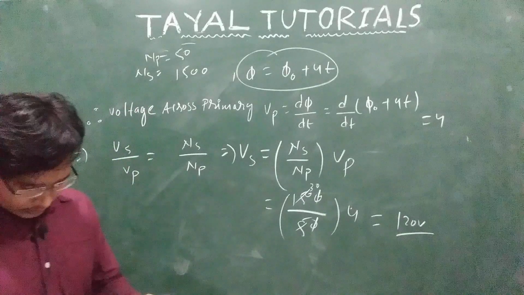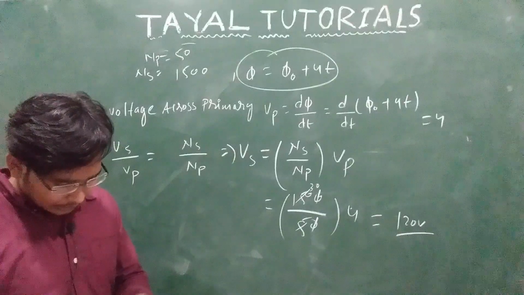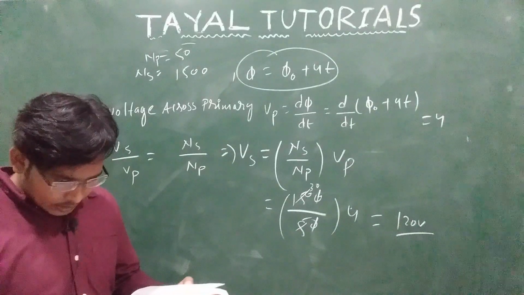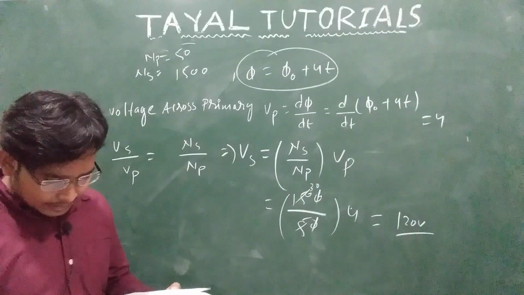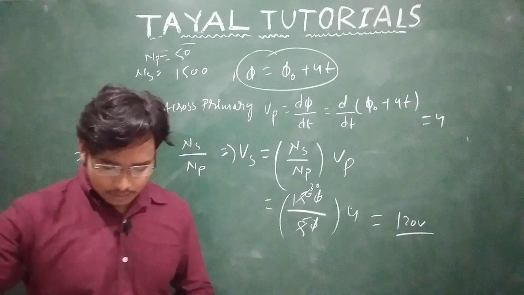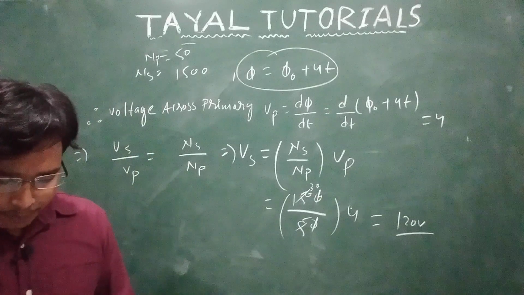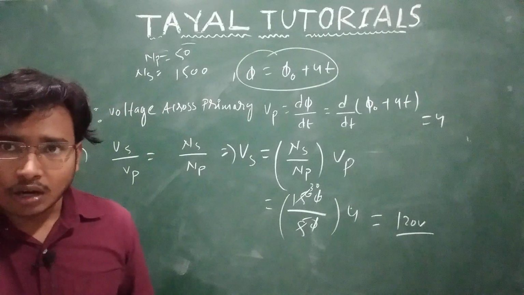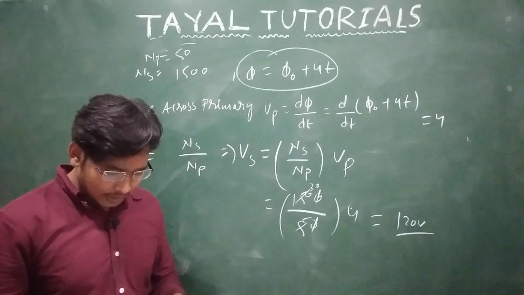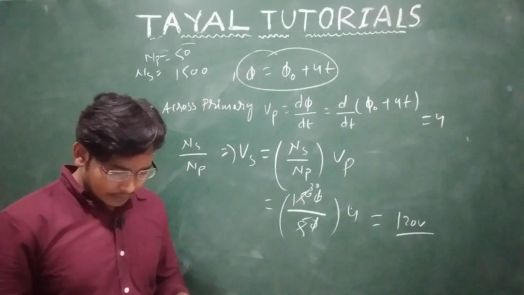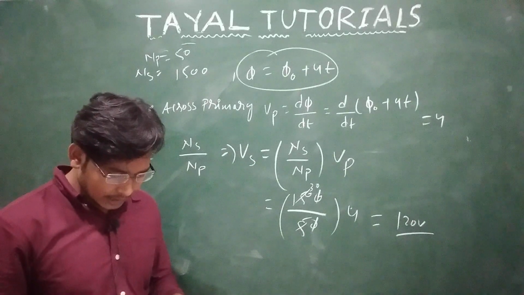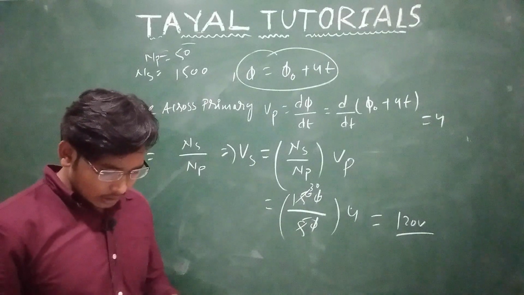One small question is there, we have time, we can solve that question. Eddy currents are produced when: option A, a metal is kept in a varying magnetic field; option B, a metal is kept in a steady magnetic field; option C, a circular coil is placed in a magnetic field; option D, current is passed through a circular coil.